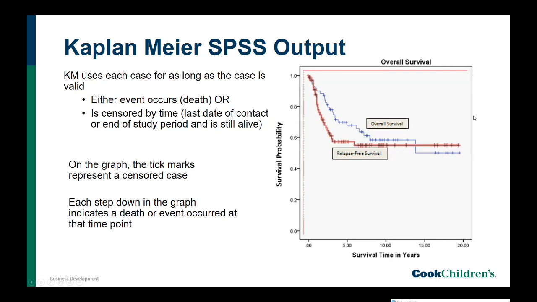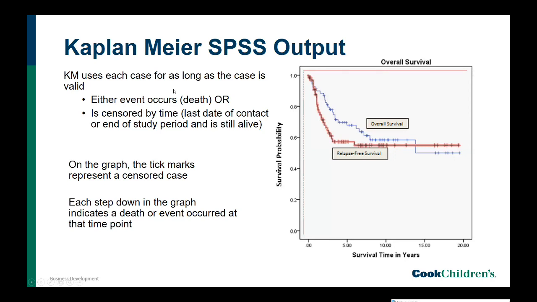So then you click continue and you get your output. There's a lot of additional output that will show in the real SPSS, but this is just an example graph of what would show up from that. Kaplan-Meier uses each case for as long as the case is valid.